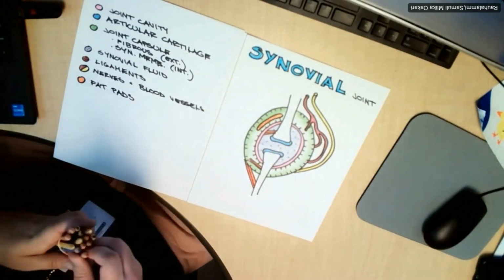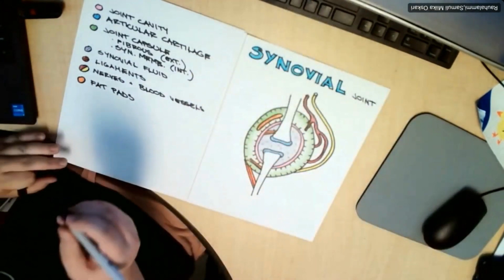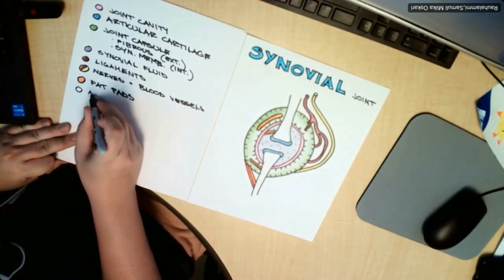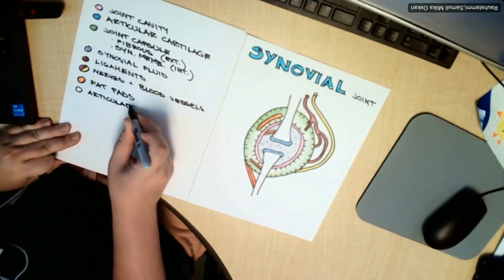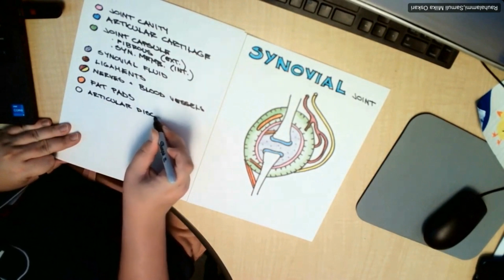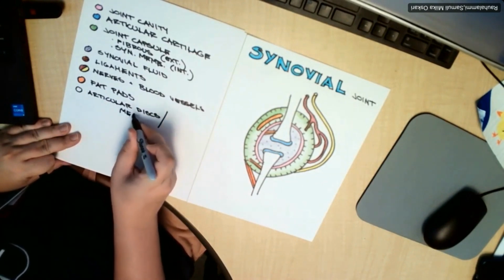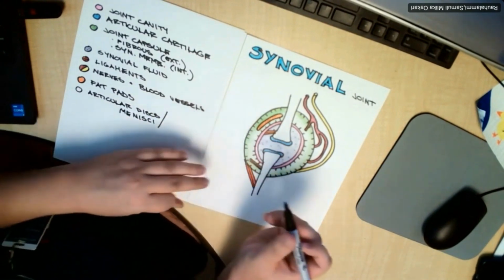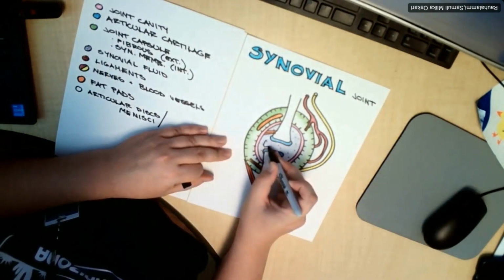Another thing that we do see, and I think is a good one to add, is our articular discs. This is a cross-sectional view of one, so it doesn't show the full disc.